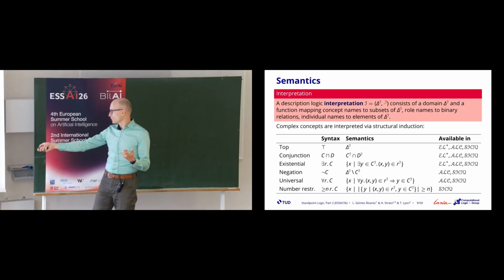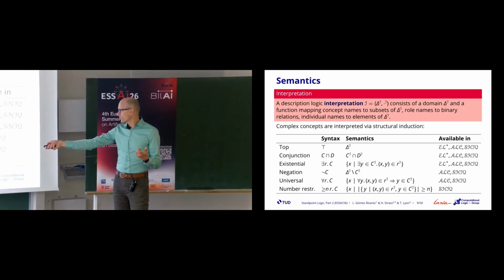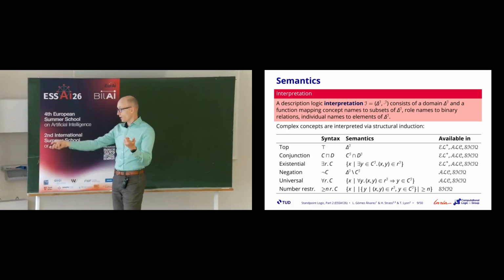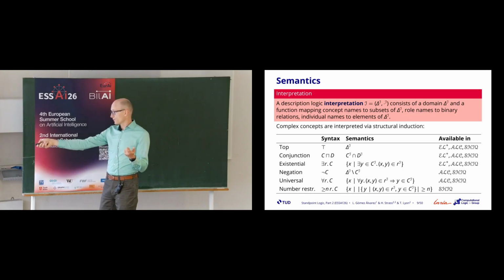So what you do here is take the cardinality of the set of all Y that are R successors of X and Cs, and you check that the cardinality of this set is at least n. And then you collect all X that satisfy this. So all X that have at least n R successors that are Cs.